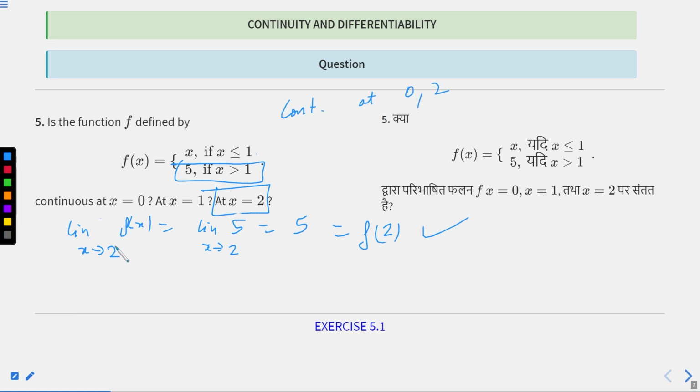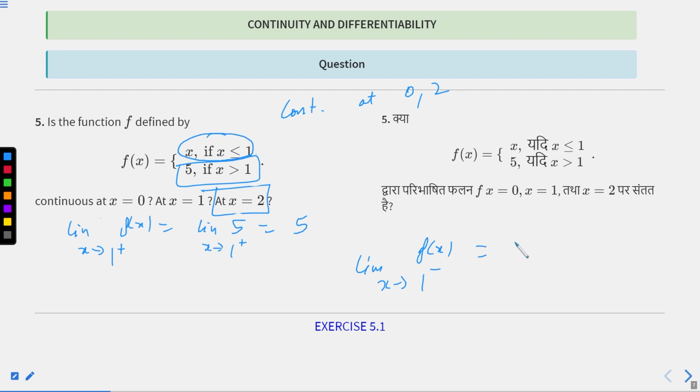What about 1? Okay, let's see. At 1 we have two functions defined. So the right hand side limit will be this thing. And what about the left hand side? As x tends to 1 from the left hand side, f(x) will be what? If we are approaching 1 from the left hand side, then we will use x, and this will be 1.